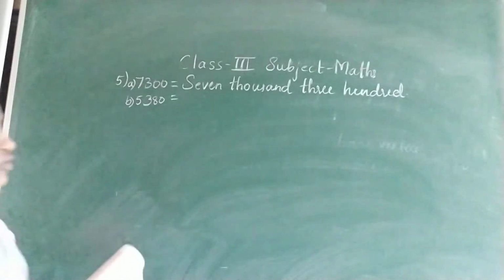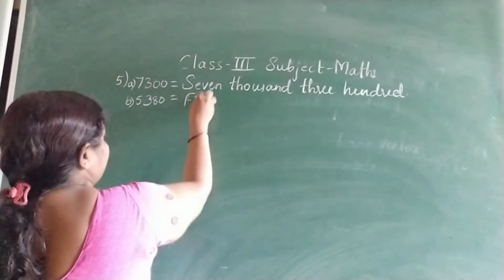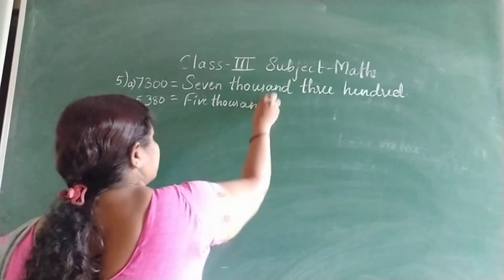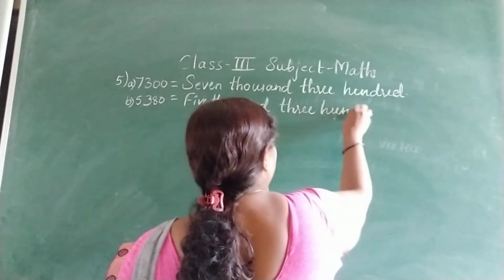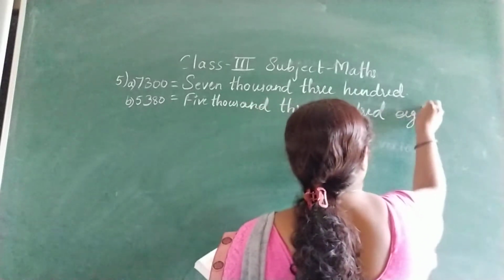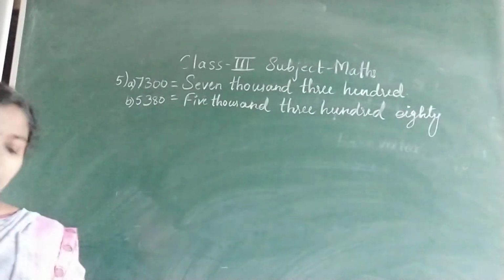Next, 5,380. Okay, these are the number names.